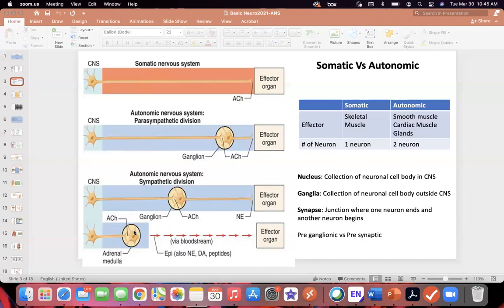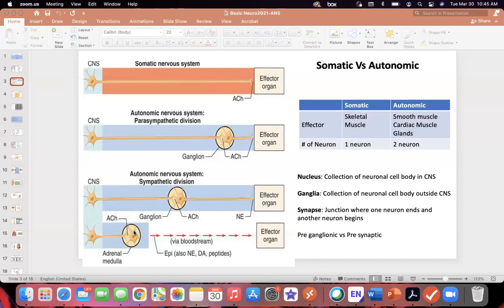Adrenal medulla, do you have any idea about adrenal medulla? The adrenal gland is also called the suprarenal gland. We call it suprarenal based on its position because it lies just on top of the kidney. We also call it adrenal because it secretes adrenaline and noradrenaline.